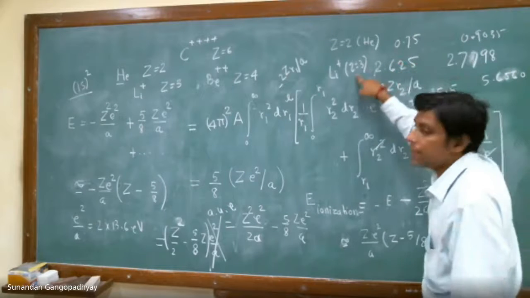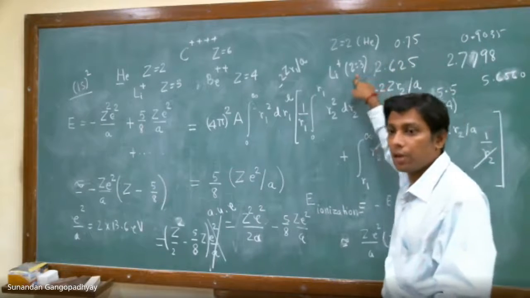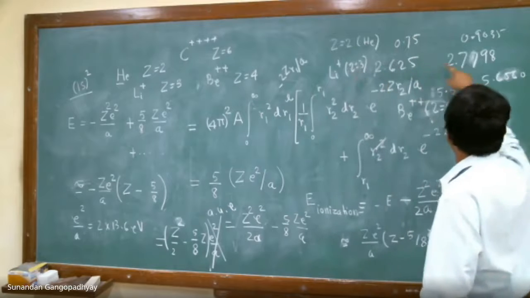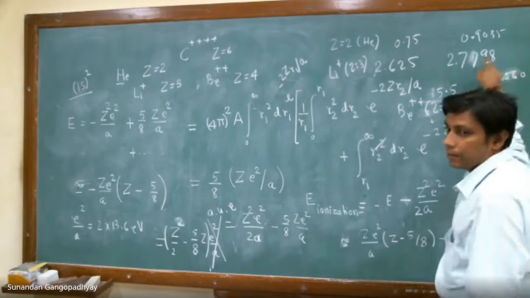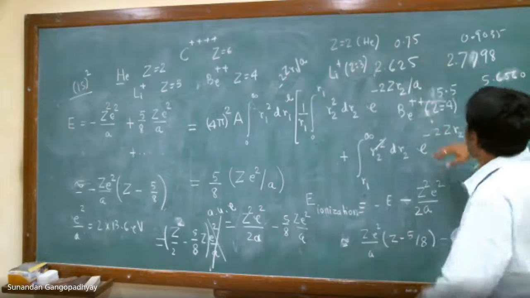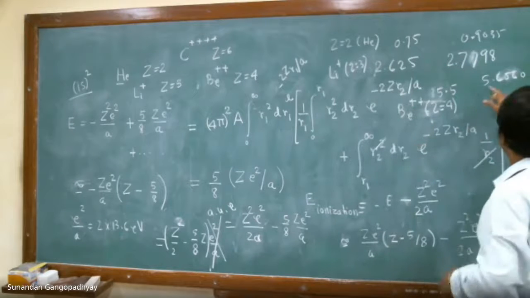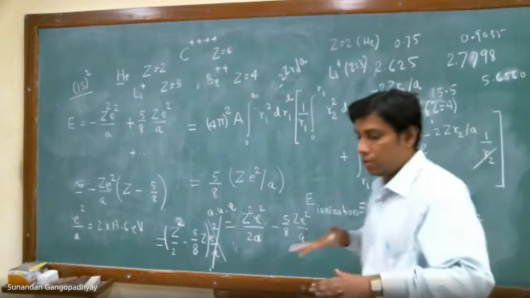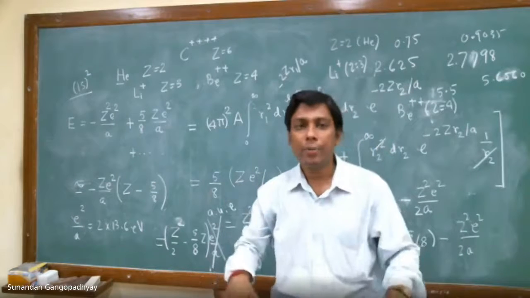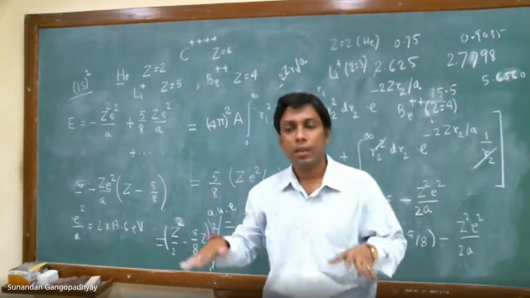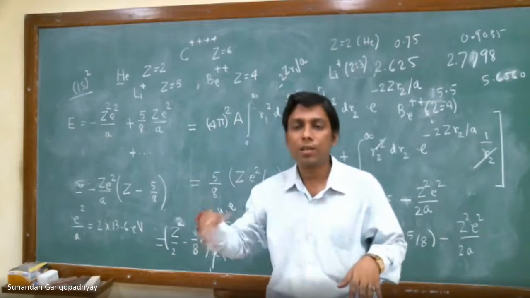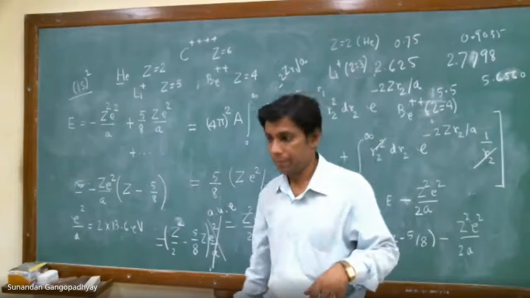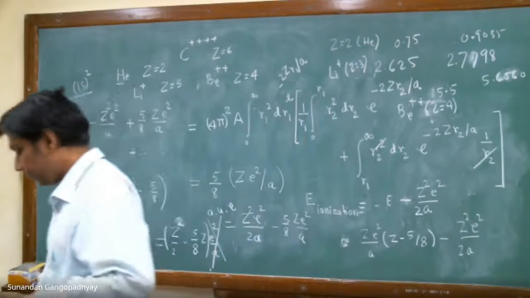When you increase Z to 3 for lithium, it is 2.625 versus 2.7798. For beryllium, it is 5.5 versus 5.6560. So as you increase Z, the agreement between theory and experiment starts improving.